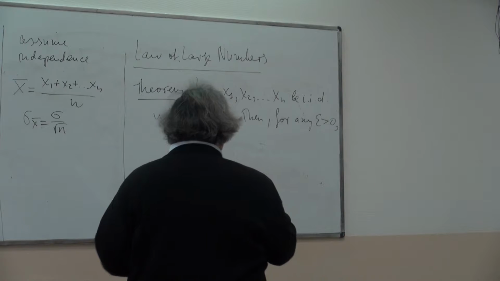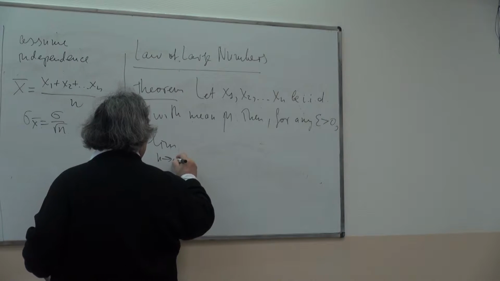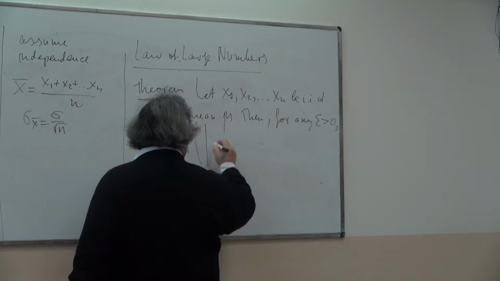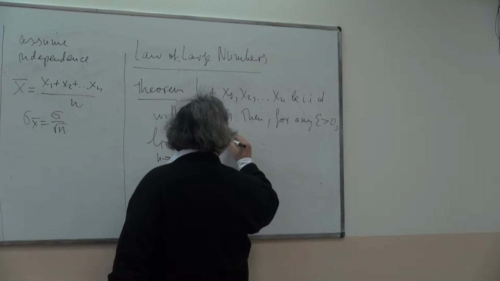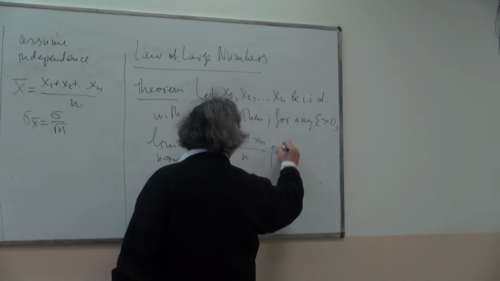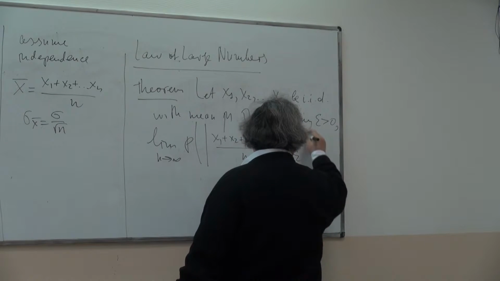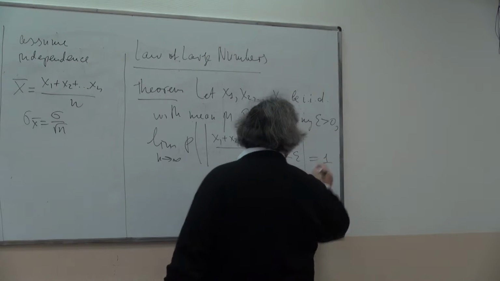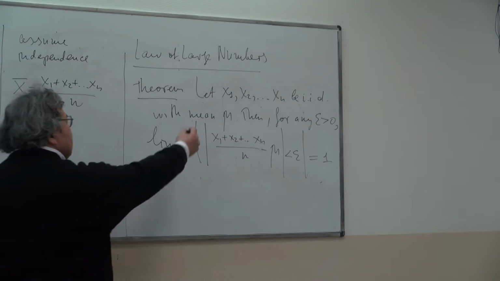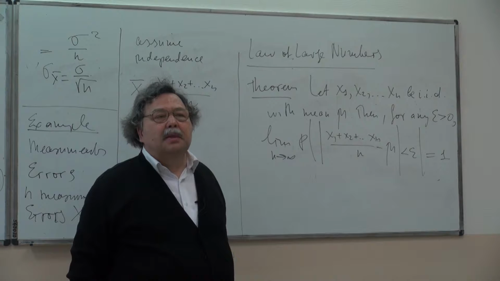For any positive epsilon, the limit as n approaches infinity of the probability that the absolute value of x1 plus x2 and so on divided by n, minus mu, is less than epsilon equals 1. Now let's try to understand what's written here. These vertical lines indicate the absolute value.